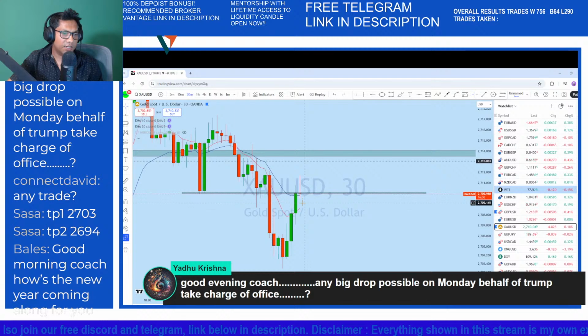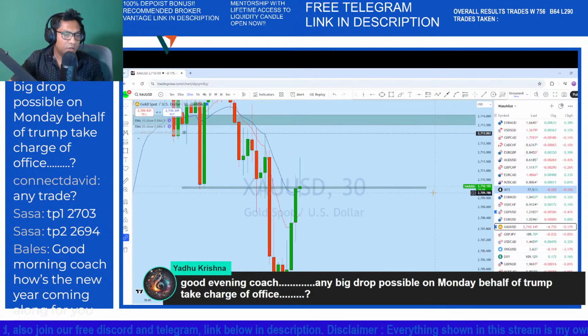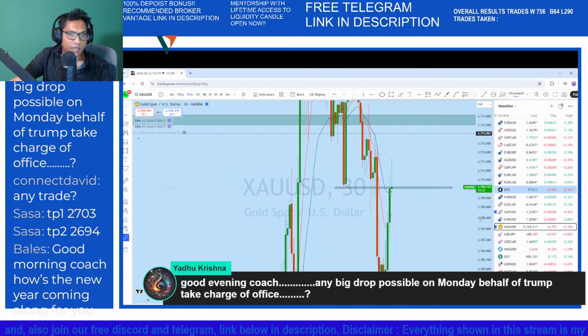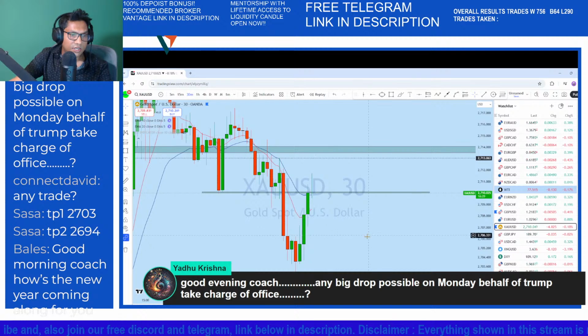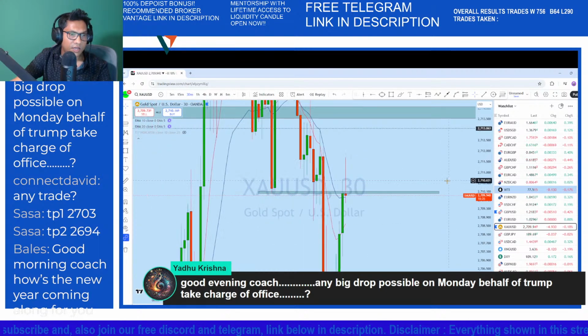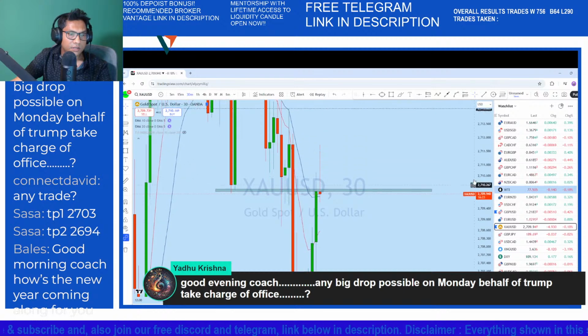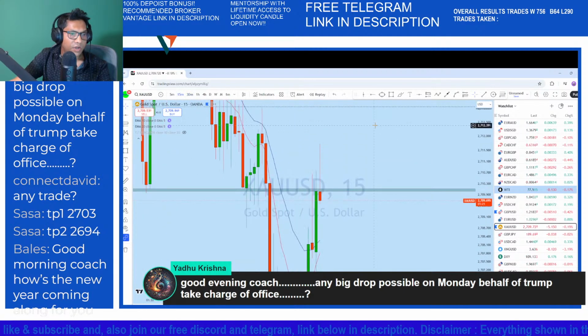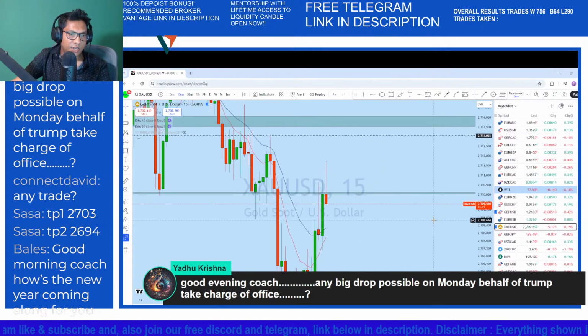You can see the market testing this support, and then want to see that it's returning back to the upside to create a new higher high, to find out where the price might be heading to.